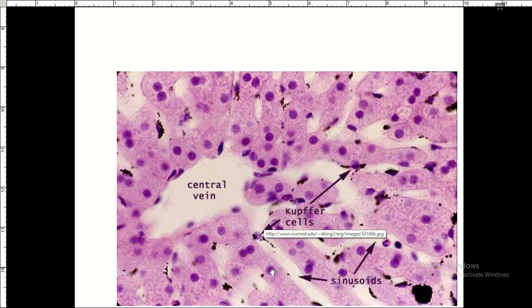And then this is a hepatocyte, which is sort of polyhedral, with a highly eosinophilic cytoplasm. Another here. You can actually appreciate here this is a simple squamous, right? This is now the endothelial lining of the central vein, which is a simple squamous epithelium. You can actually see a flat cell right here.